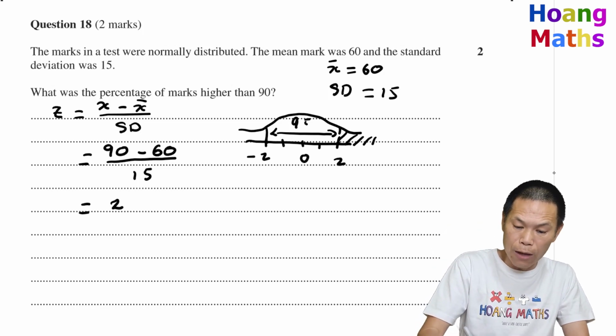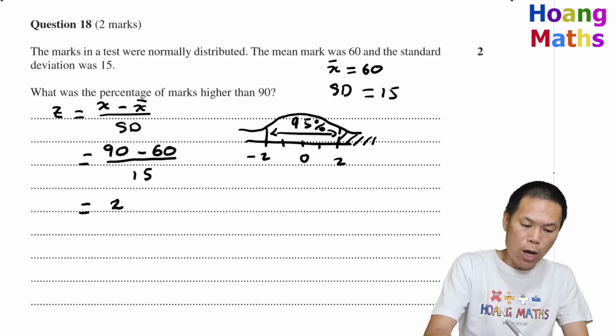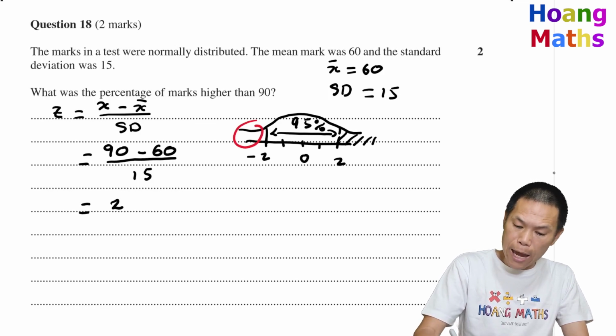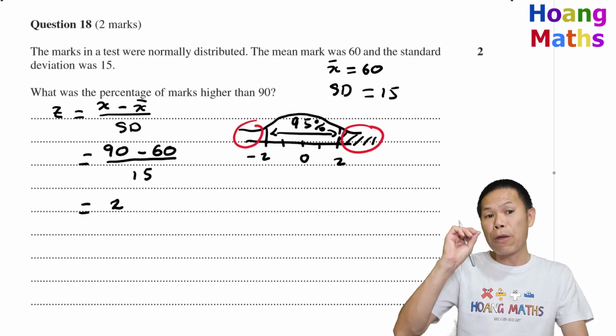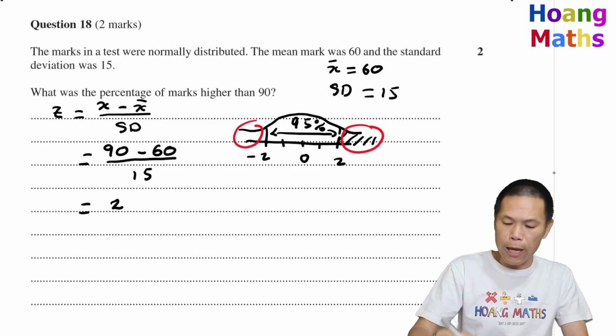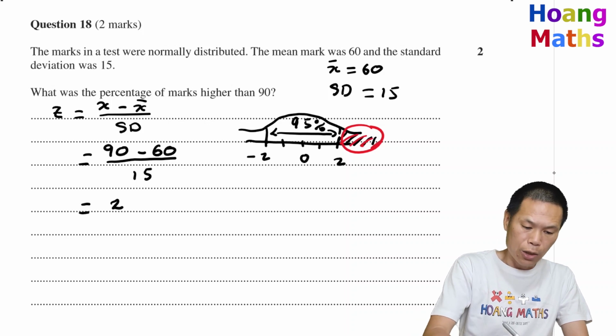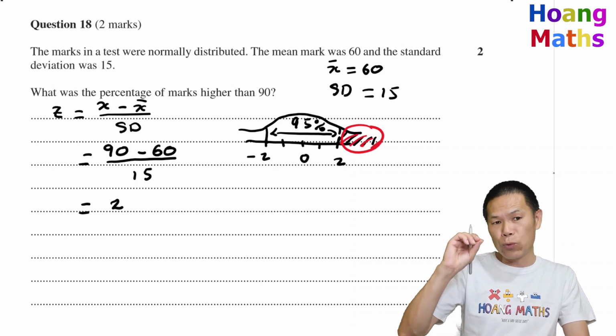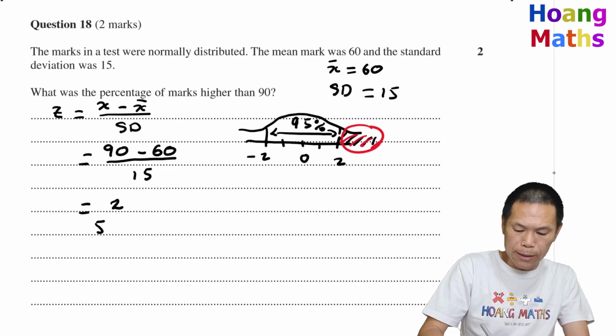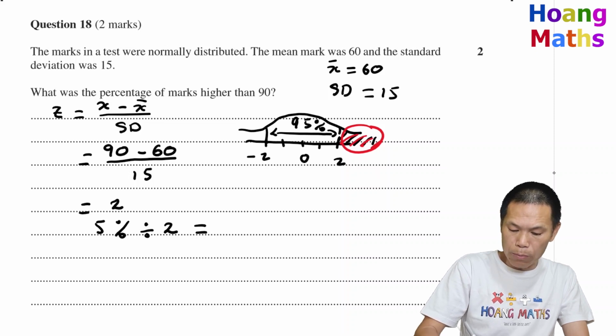In other words, this part added to this part together must give me 5%. But we only need greater than 2, so this part here. That means 5% divided by 2, so that will give me 2.5%.